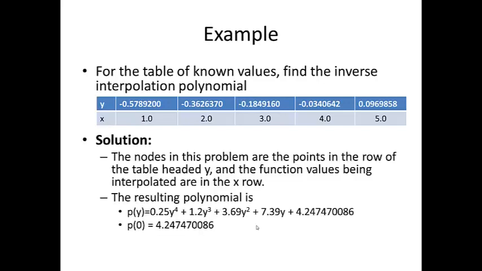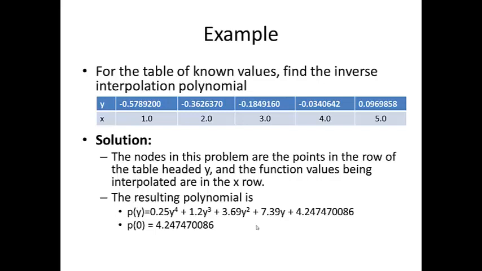The nodes in this problem are the points in the row of the table headed y_i, and the function values being interpolated are in the x row. So we reverse the x and y, and with our routine we plug that in and we get some rather nasty looking numbers, but the important thing is we can get p of 0 is 4.247470086, and we have our interpolating polynomial.